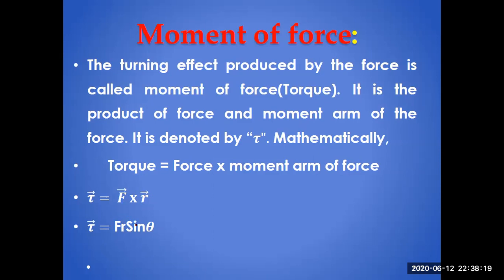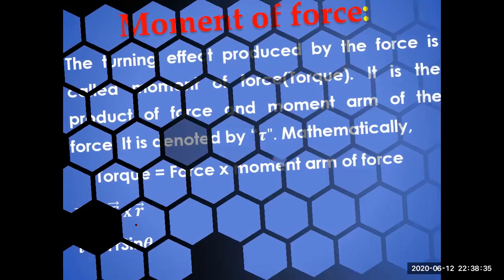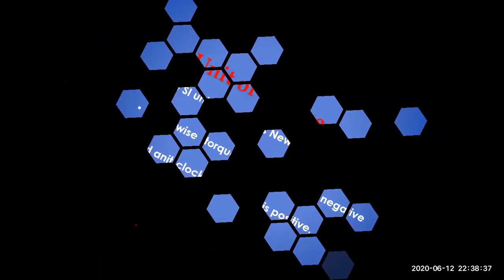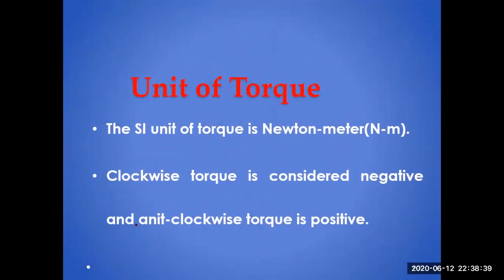This is the main purpose for using the cross product. In the next classes, you will come to know why we use the dot product to calculate work done, and why we use the cross product to calculate torque. Here it is, the unit of torque.